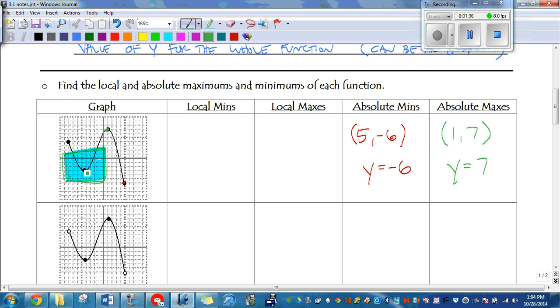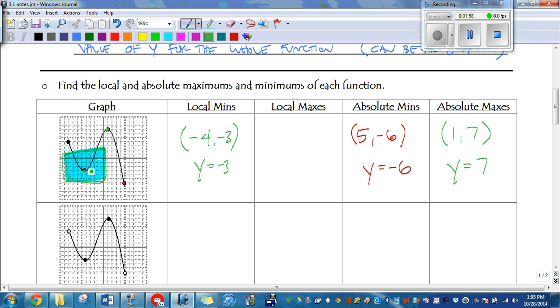There would be a minimum right here. It's kind of hard to tell, it's kind of in between. Let's say that's at (-4, -3), or y equals -3. So that would be a minimum if we were just taking into account that portion of the graph, nothing else.